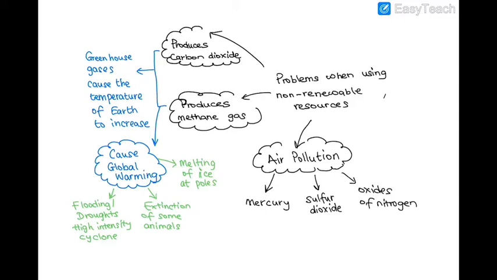Mercury is very toxic if inhaled. Sulfur dioxide and oxides of nitrogen make the rain become acidic. So these cause acid rain.